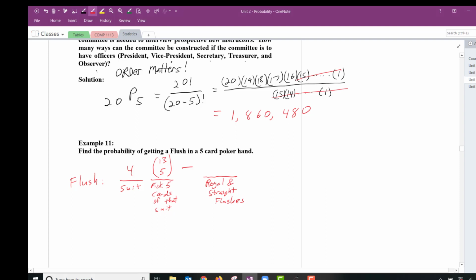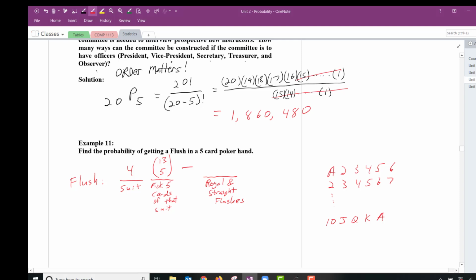In poker, you can have a straight that starts low or high, so it can go 1, 2, 3, 4, 5, that's a straight. And then 2, 3, 4, 5, 6 is a straight, and 3, 4, 5, 6, 7, etc., until I get up to 10, jack, queen, king, ace. That's the highest straight, the royal flush.